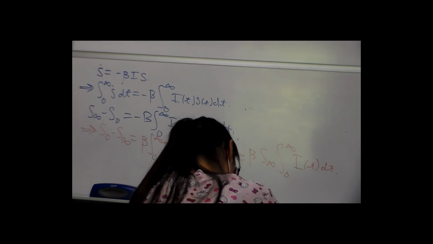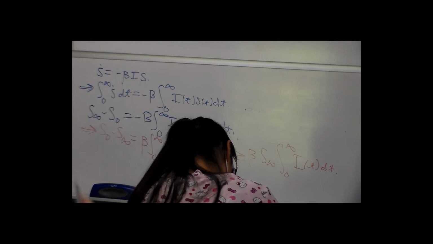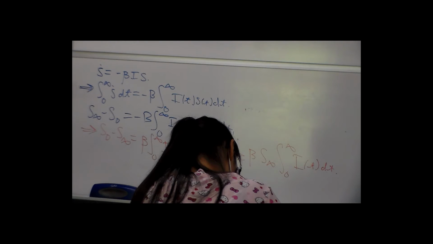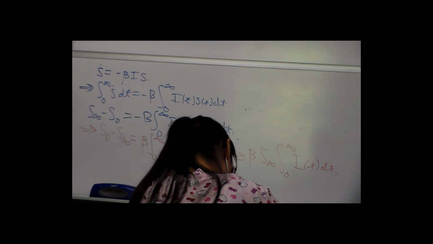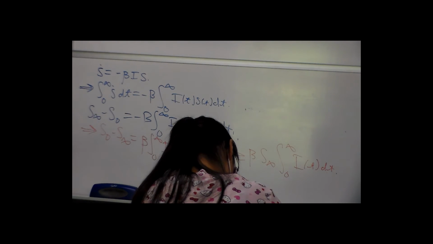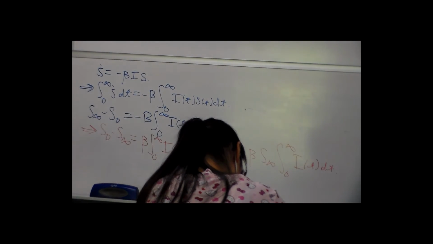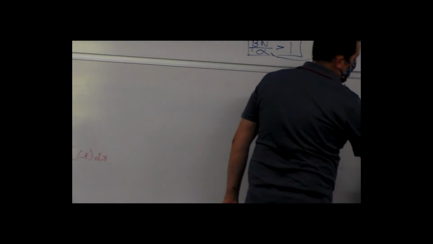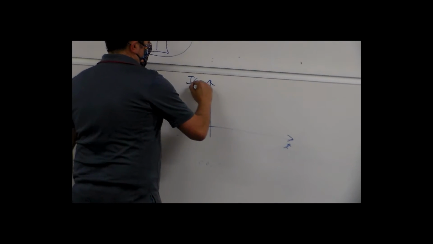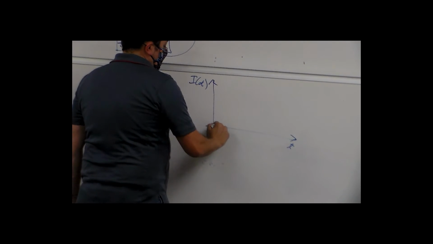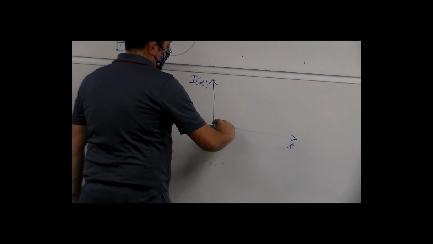How is that possible? S infinity is just a number. So we know S infinity is bounded between N and 0. Let me draw it. I have some function I of t, and I know it's got to be 0 at the end.